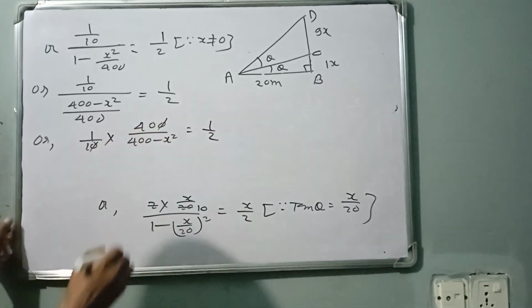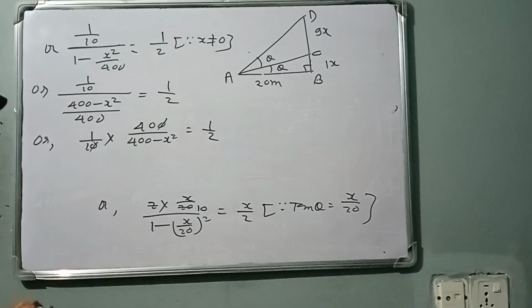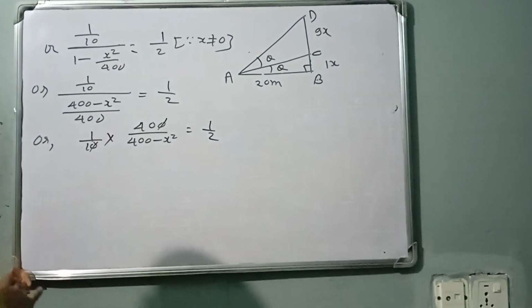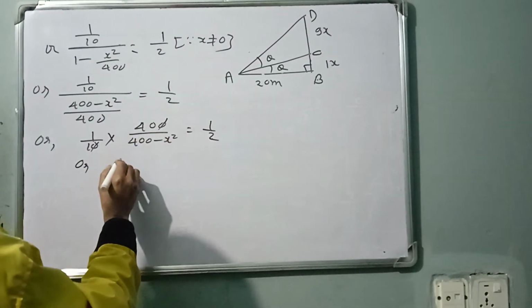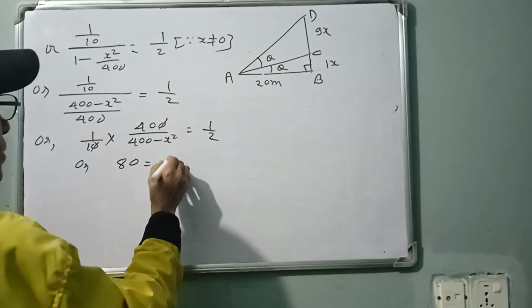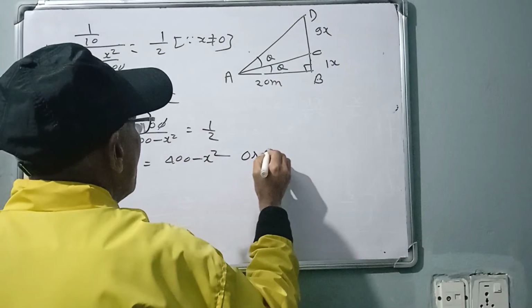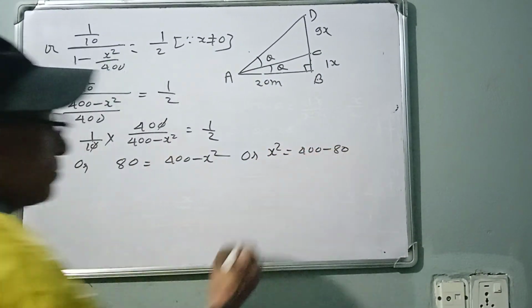You can cancel, but you cannot cancel this 0 and this 0, minus sum. Now cross multiply. 2 into 40, 80 equal 400 minus x square.